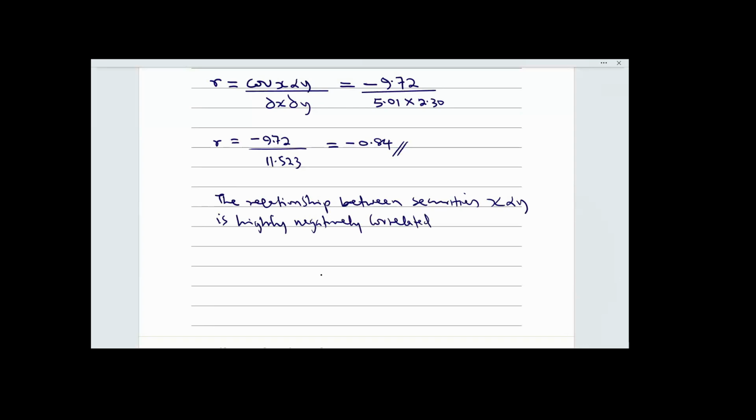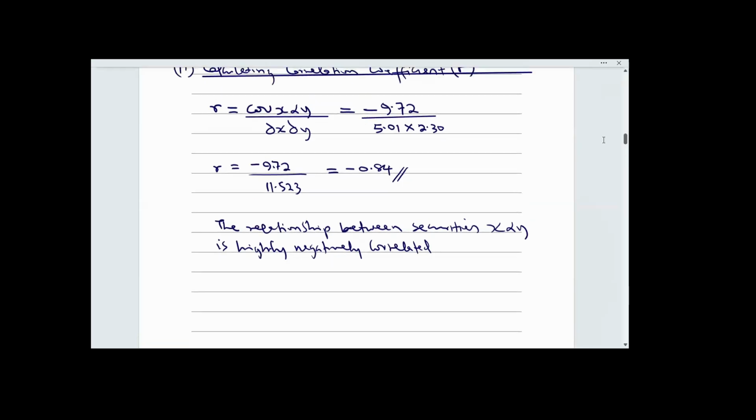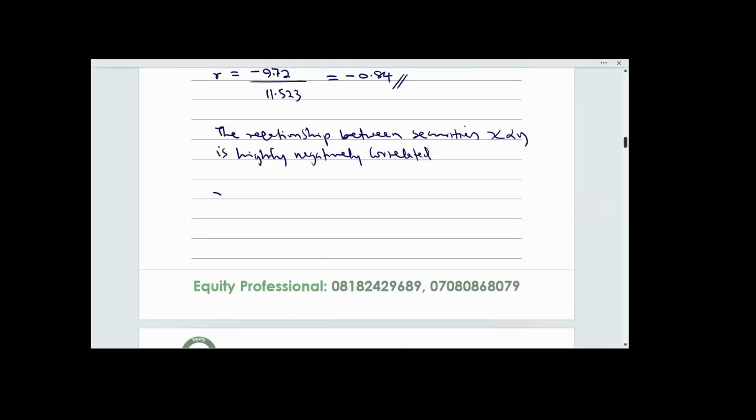If your correlation coefficient is greater than 0.50 but less than 1, your interpretation should be that the relationship is either highly positively or negatively correlated, depending on your calculation.